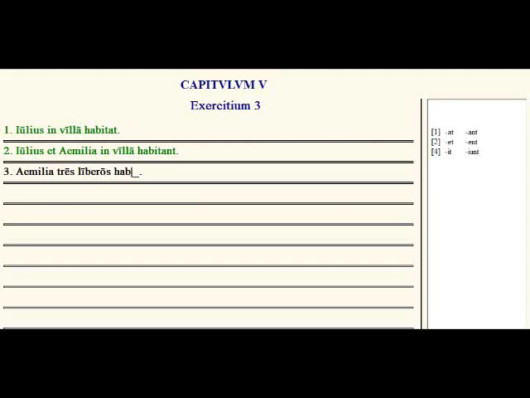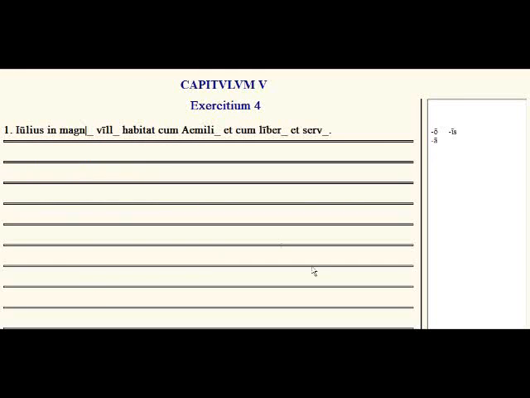Let's try exercise 4. Here we have ablative again, o and is, and then a. So ablative singular, o, like servo, cum servo, and is, cum servis. A would be like ancilla, cum ancilla, with the slave girl, and is the same for a.